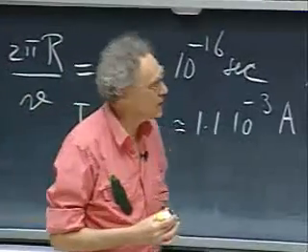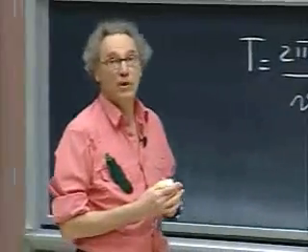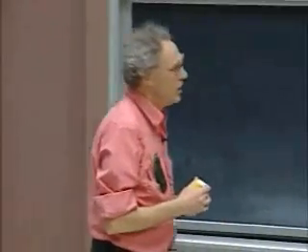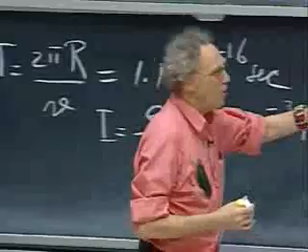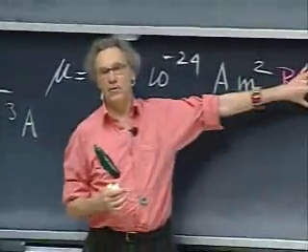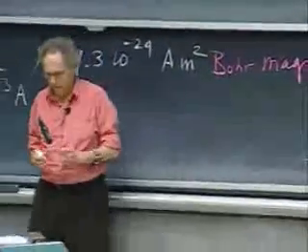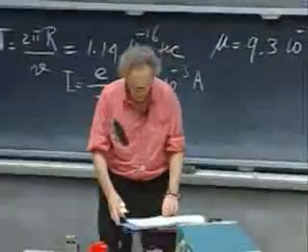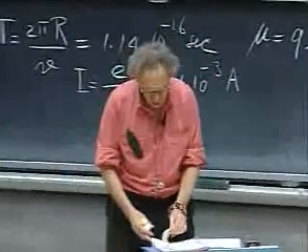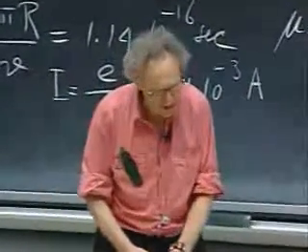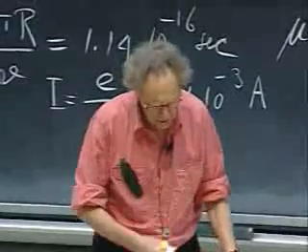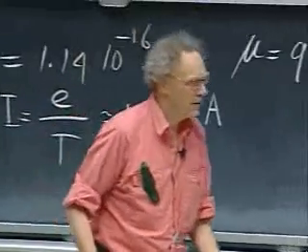The net result is that most atoms and molecules have dipole moments which are either 1 Bohr magneton or 2 Bohr magnetons. That is very common. And that's what I will need today to discuss with you how strong a field we can create if we align all those magnetic dipoles.